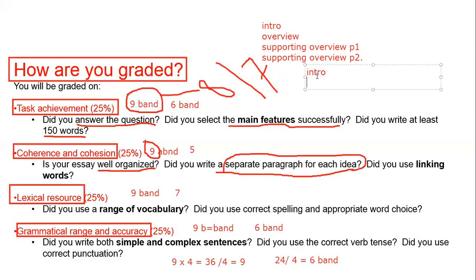First we have an introduction. After the introduction, have you explained body paragraph number 1? We will go for body paragraph number 2. And after that, we will write the conclusion. This is the format, clear?